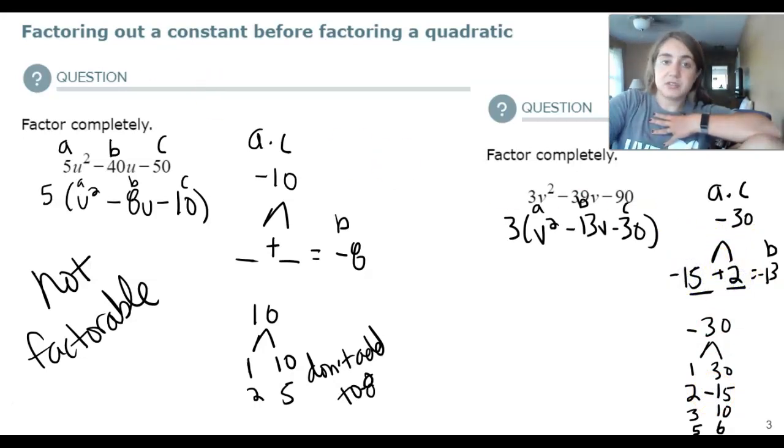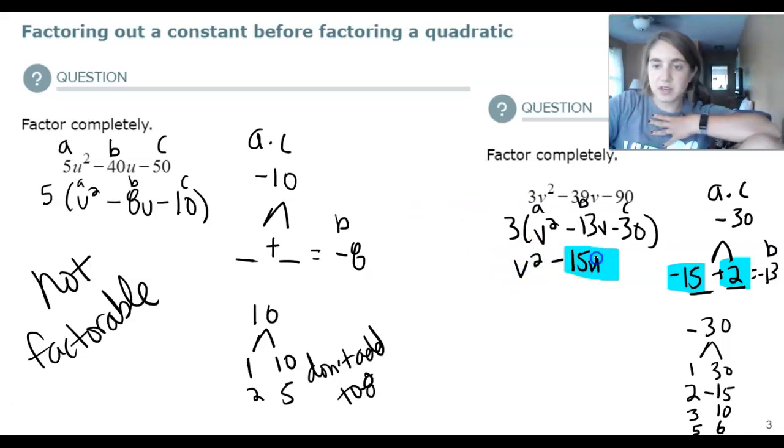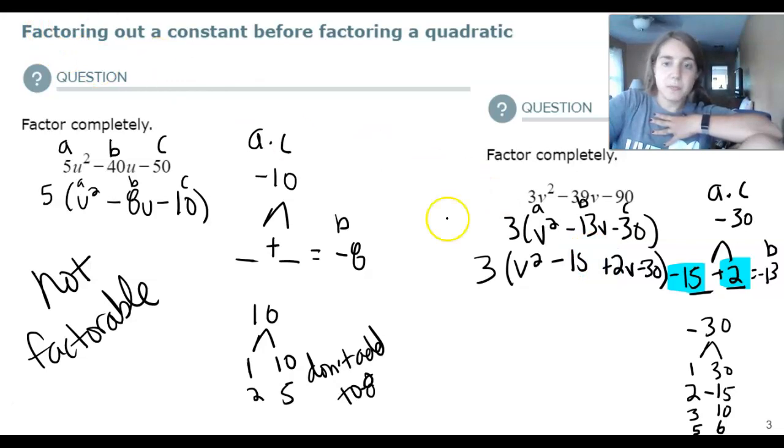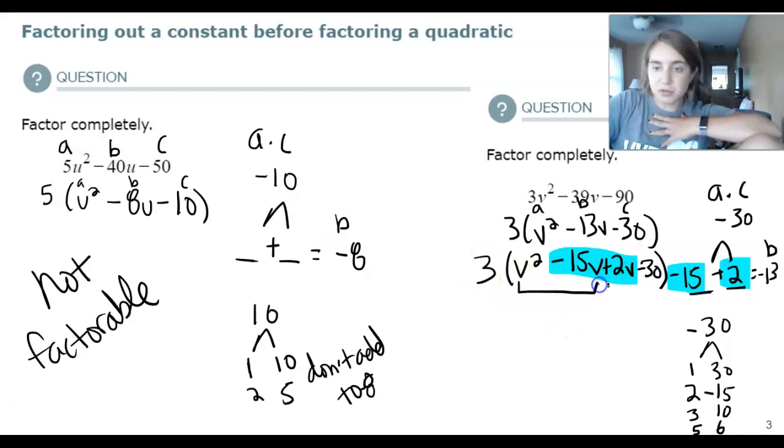Once I have those, I'm going to rewrite negative 13b as negative 15b plus 2b minus 30. Now I can do my leftovers, or I can group both of them.